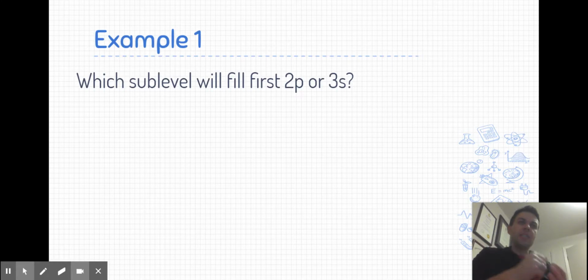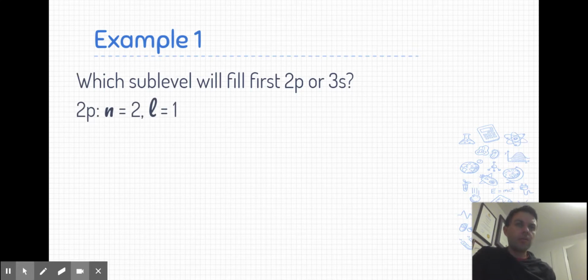So if we have a 2p sublevel and a 3s sublevel, which one's going to fill first? Well, for 2p, n is equal to 2 and L is equal to 1. Remember that the p sublevel corresponds with an L value of 1. So n plus L is equal to 3.